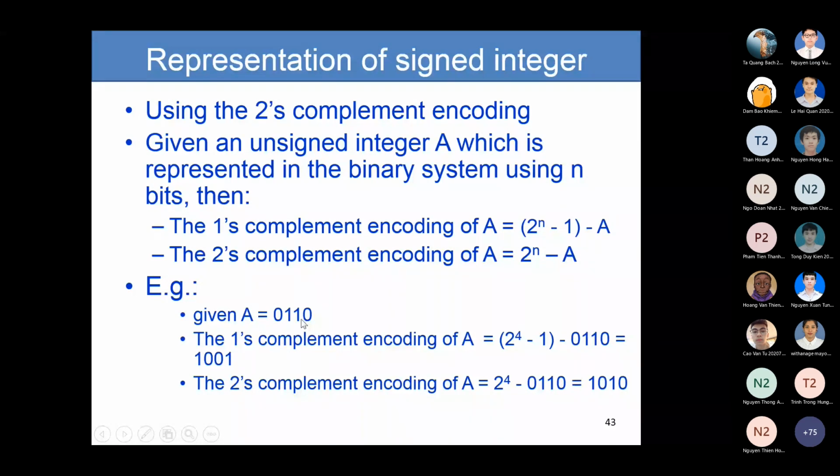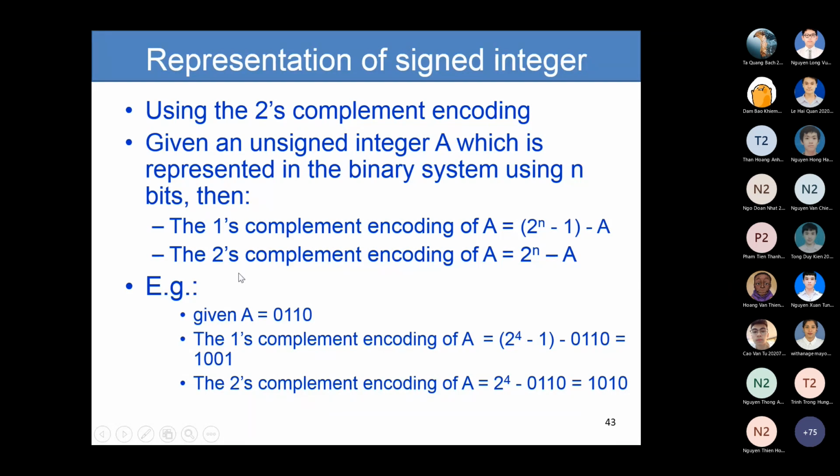And the one's complement encoding of A will be not A. It means the one's complement encoding of A will be 1, 0, 0, 1. Okay, 1, 0, 0, 1 is the one's complement encoding of the number 6.